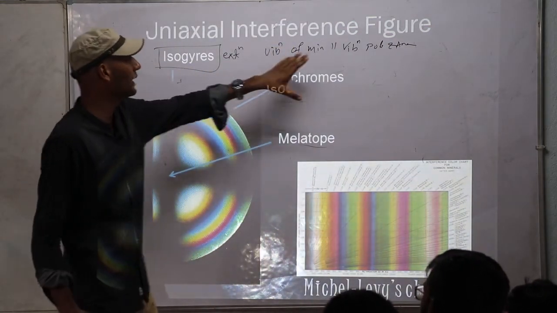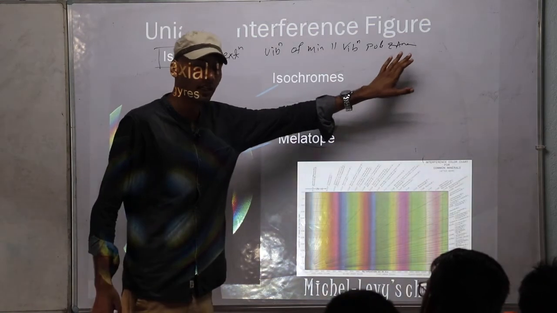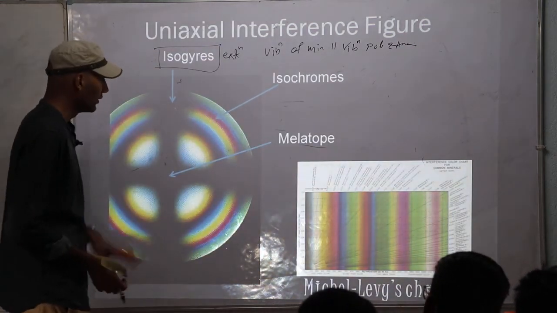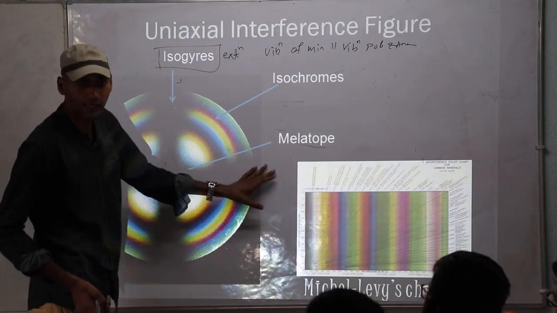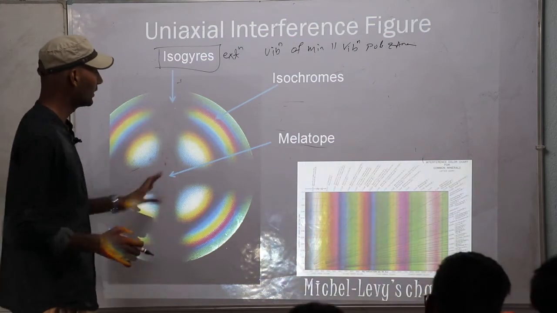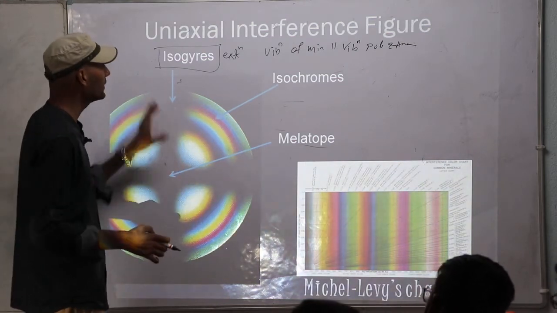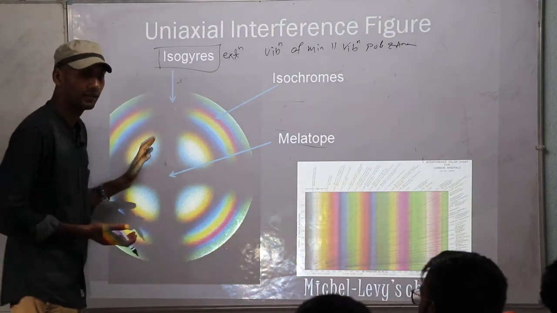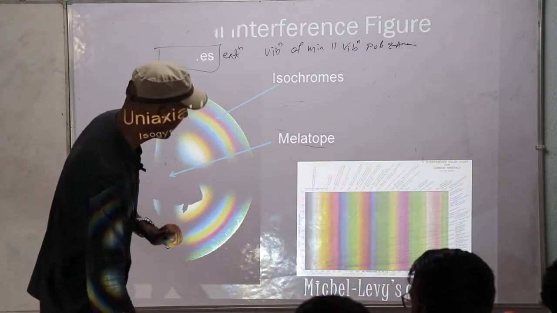In which position of the section the vibrations are matching depends on at which position the isogyre will be seen. You can see in this diagram.